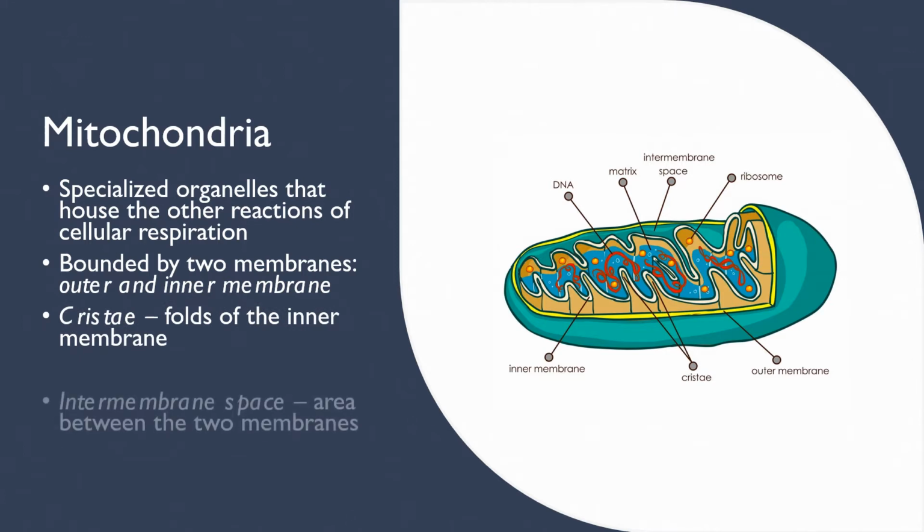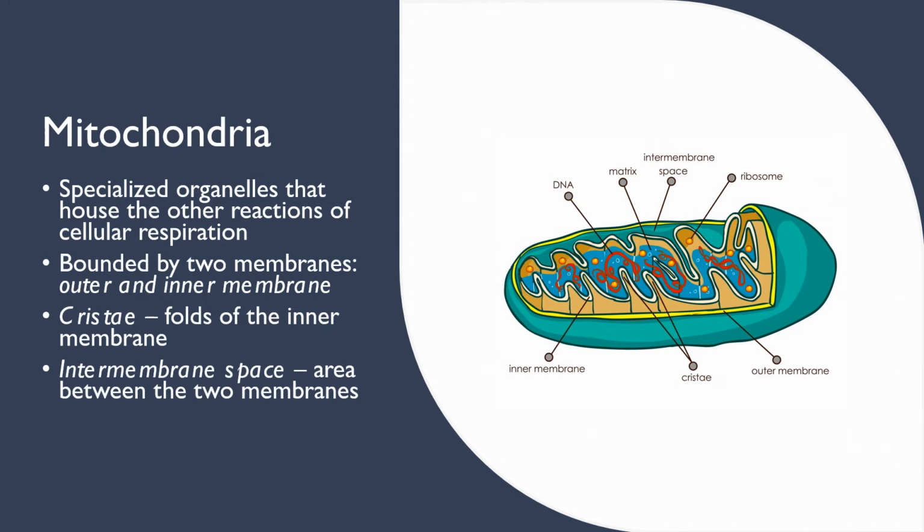The intermembrane compartment is the area between the two membranes, and the mitochondrial matrix is the fluid enclosed within the inner membrane. All of those parts you can see in this diagram. You have here the inner membrane, the cristae, the matrix, the intermembrane space, and we also have the outer membrane.